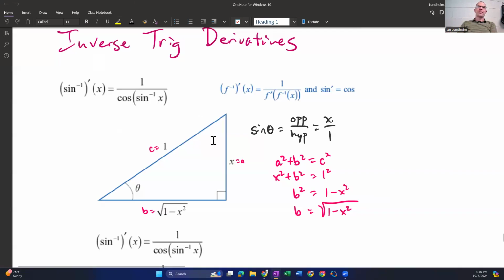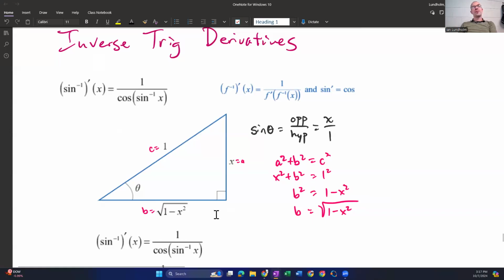And so if we draw a triangle where the sine, or the ratio of the opposite side to the hypotenuse, is x, here x is that side, the hypotenuse is 1, so that the sine of theta equals x. One thing that we can do is utilize the Pythagorean theorem to find the length of that other side. Then we have a right triangle that works nicely with the Pythagorean theorem, and we've got our angle theta there.